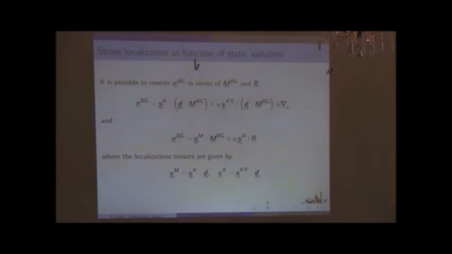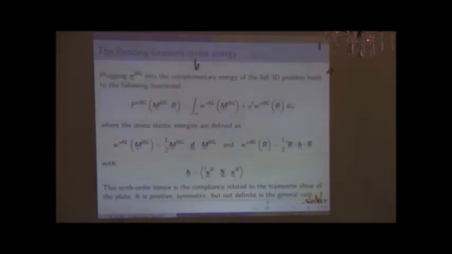This enables me to derive again the bending compliance tensor, and it will give me new information. I retrieve the Kirchhoff-Love stress energy density, and I have a new term, which is a sixth order tensor carrying the energy of the gradient of the bending moment.